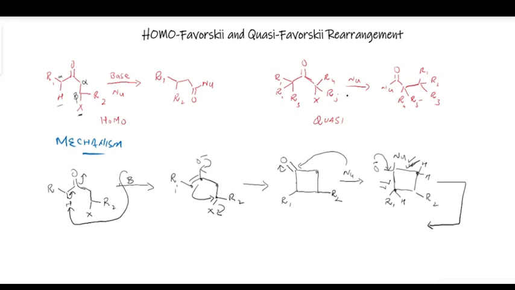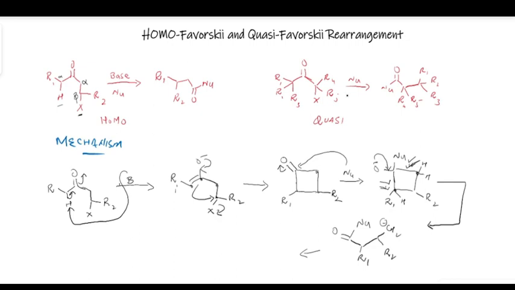So what we have as a result now is this carbonyl group with the nucleophile attached to it. Then we have this carbon here, this one, with R1 attached to it. And then we have the CH and R2 here. And then we have the CH2 with the carbanion.